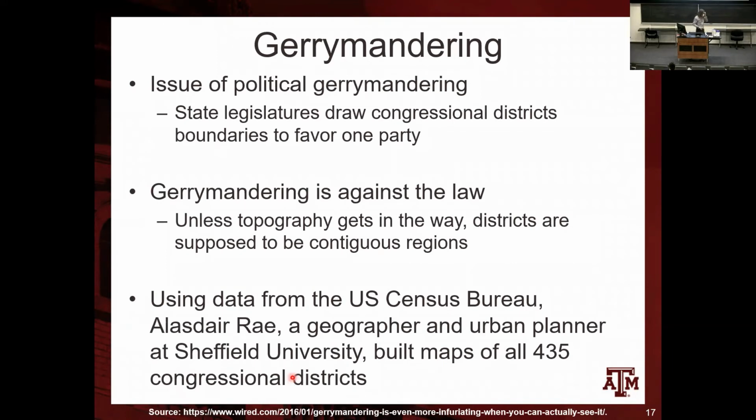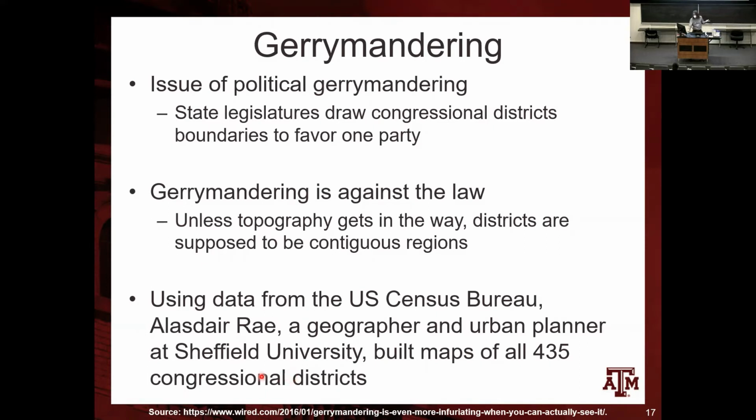And just going through this process of gerrymandering. What is the issue of political gerrymandering? It is to draw the congressional districts, the ones that are drawn to select the state representatives, in a way that favors candidates of one specific party. And redrawing the congressional districts is one of the functions of state legislators, right?